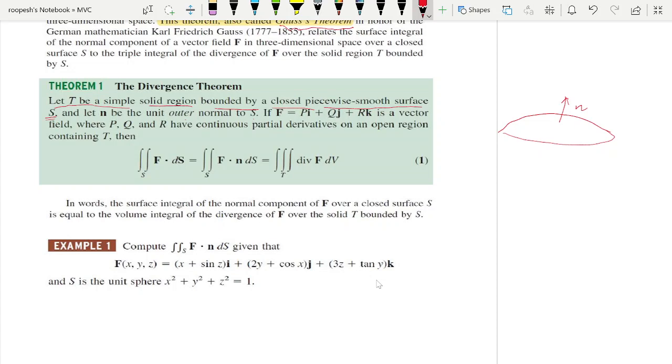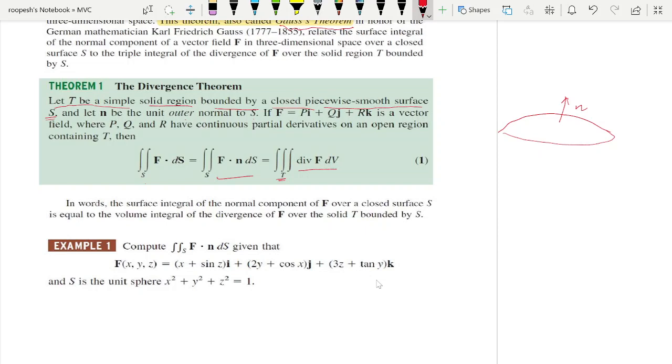the double integral over S of F dot n dS, by the same idea as Green's theorem, we can extend this. So that's equal to the triple integral over T of the divergence of F dV.